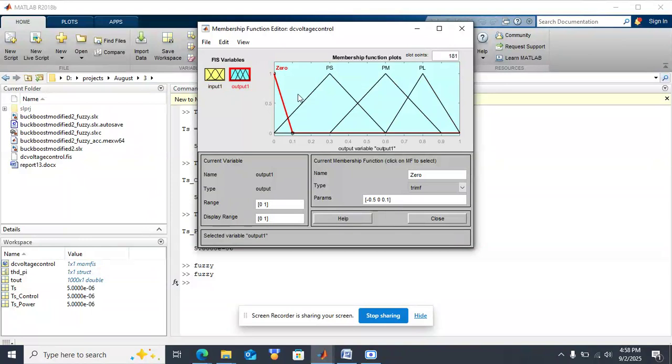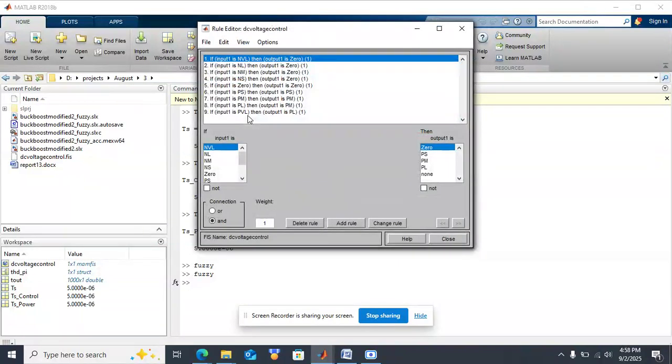Output ranges from 0 to positive large because it is the duty ratio. So these are the inputs and outputs given to the fuzzy control, and the rules. When the error is negative, the output is 0.